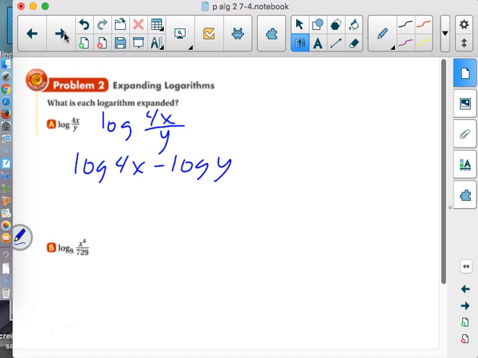But I'm not done yet, because I'm supposed to take anything that needs to be moved, which would be any powers, any multiplication, and any division, and split it all up. So there's still some multiplication here. What's multiplication in logarithm language? Addition.